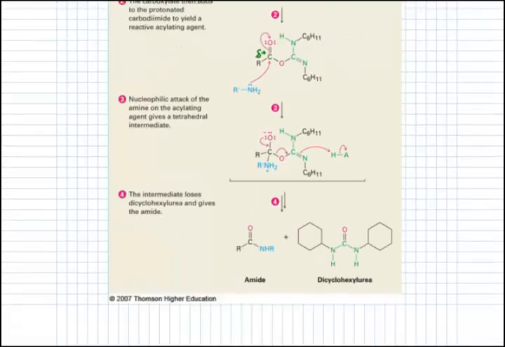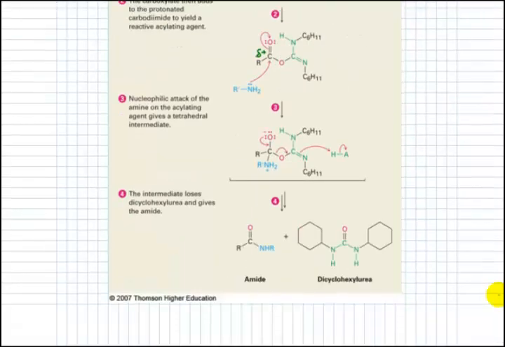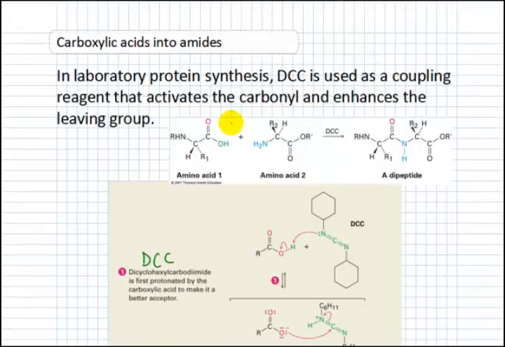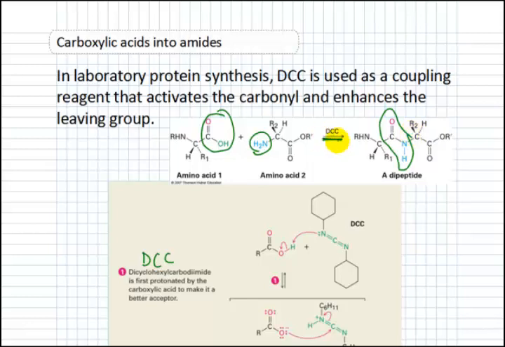So DCC is always the coupling agent. Please do be familiar with this type of reaction. If I have a carboxylic acid and an amine, I can make an amide out of them. That's just a plain old synthetic transformation with DCC used as the reagent.